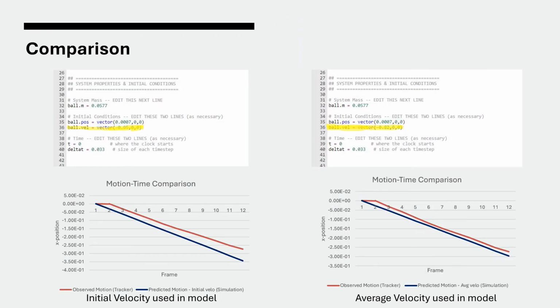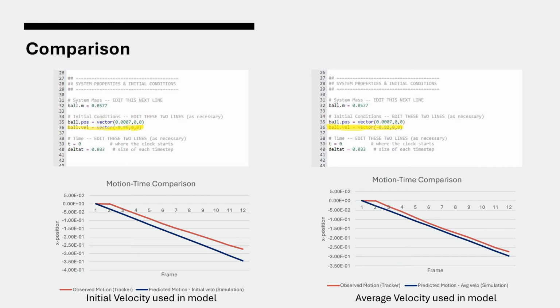So here's a comparison between two different models, one with the computer model using the initial velocity and one with the computer model using the average velocity. As you can see, the one with the initial velocity is here, and you can see it as a vector of negative 0.95 meters per second, and the average velocity is negative 0.82 meters per second.